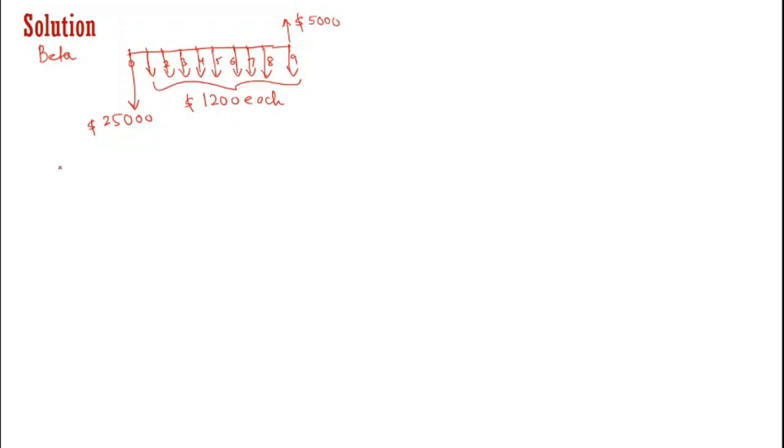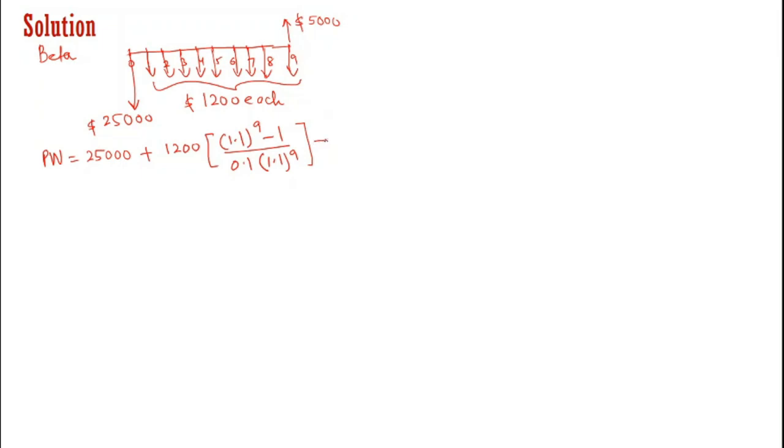Now if I just compute the present worth of this cash flow, so 25,000 is straight away at time t equal to 0, so no need of any conversion. Converting these annuities into the present point of time, this will be 1200 times (1 plus i) to the power 9 minus 1 over i (1 plus i) to the power 9. And of course, if we consider these signs to be positive, so this is a transaction upward.